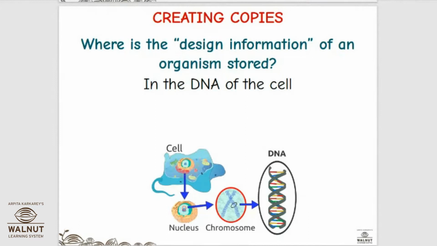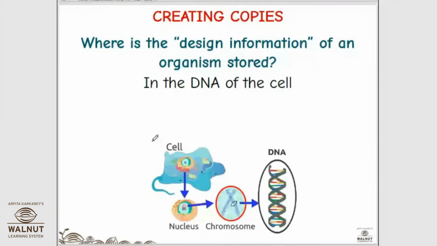Now, all of us know that we have cells. In the cell, there is a nucleus. Inside the nucleus is DNA, which stands for deoxyribonucleic acid, and RNA is ribonucleic acid. The nucleus has chromosomes, which you can see here, and the chromosome has DNA.